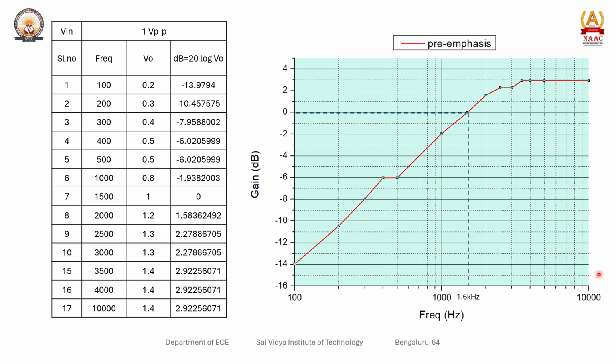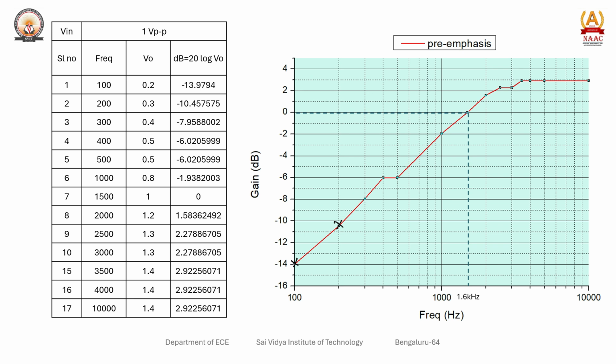On the x axis I am able to see the values. For 100 Hz it is minus 13, so here we are marking. Then for 200 Hz it is minus 10, so we can plot here.